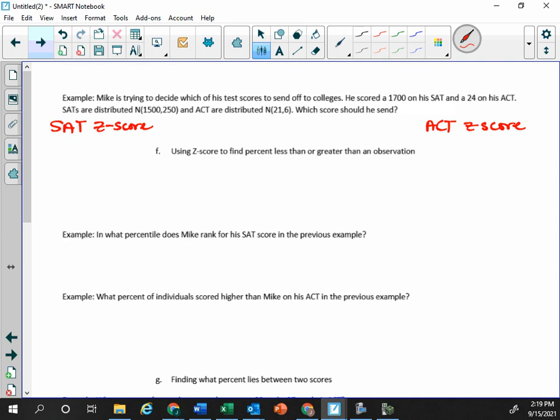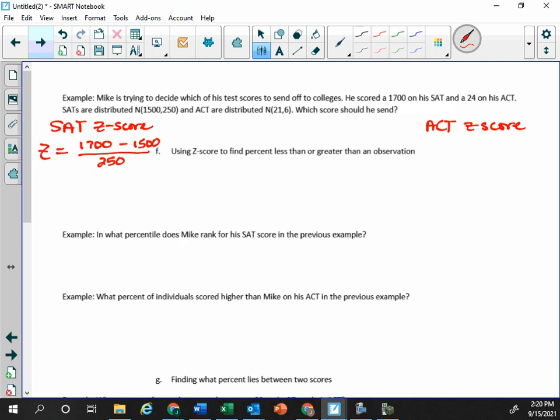So the way you find the z-score, we had that formula. We're going to take Mike's score, which was 1700, minus the mu, which was 1500, over the sigma, which was 250. Now you could write divided by the square root of n, but that's not going to change the value of this at all.